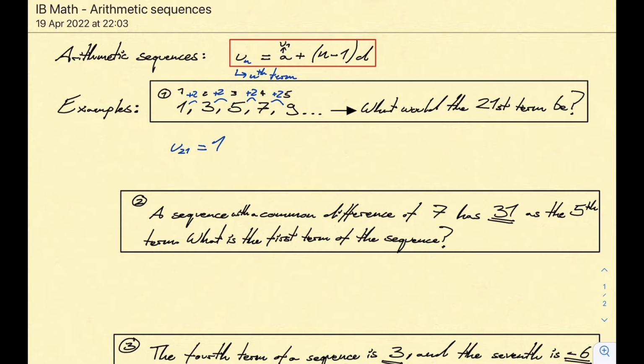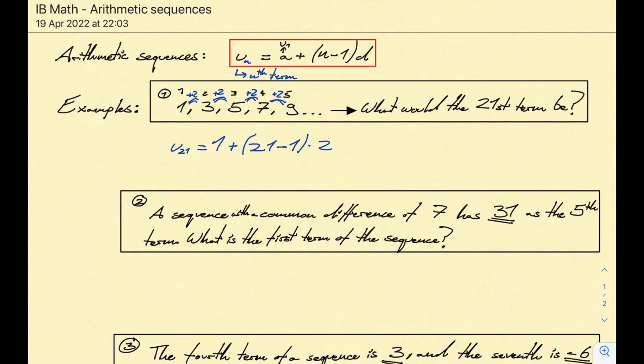It can be any number, but in this case, it's simple. So it would be 1 plus n minus 1. n would be 21, because that's the position of the term we were looking for, minus 1, times the difference, which is 2. We have said before that there's always a jump of 2 in between numbers. From 1 to 3, the difference is 2. From 3 to 5, the difference is 2, and so on.